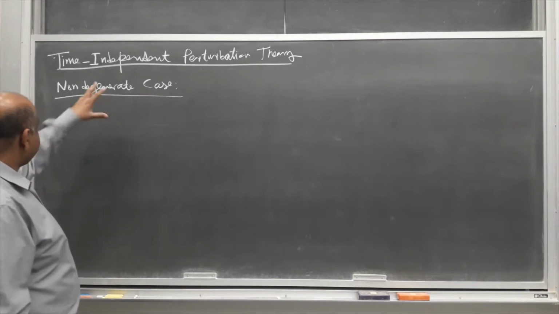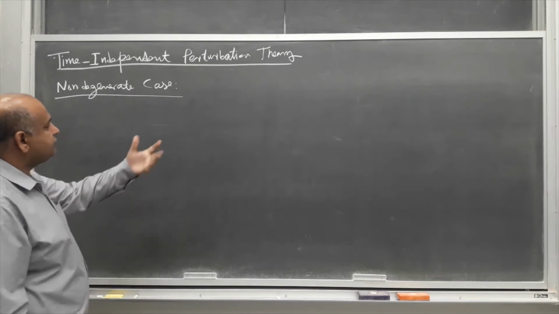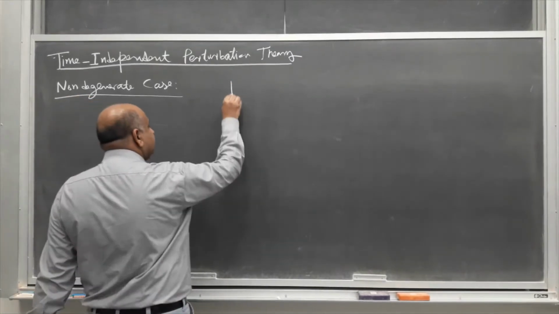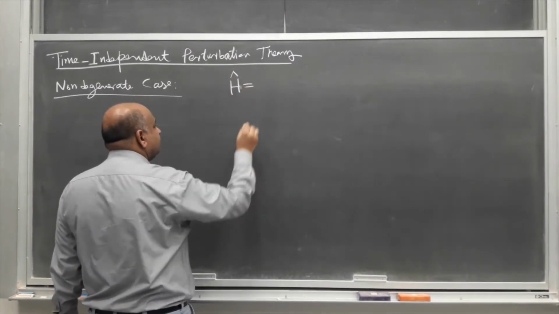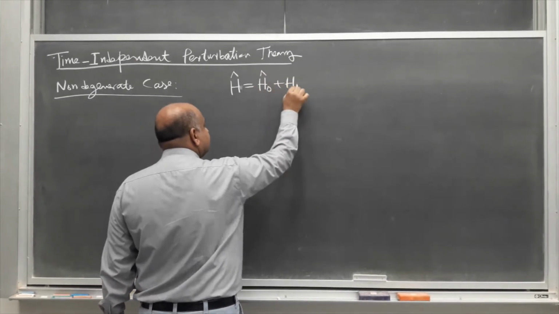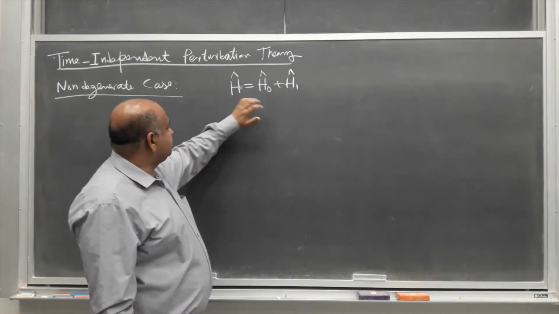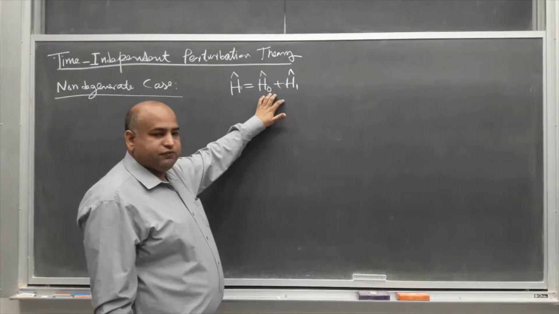So before I come to this non-degenerate case, let me discuss what the actual problem is in perturbation theory. Suppose we have a Hamiltonian which we can write as a sum of two terms. We cannot solve the system exactly for this Hamiltonian most of the time.